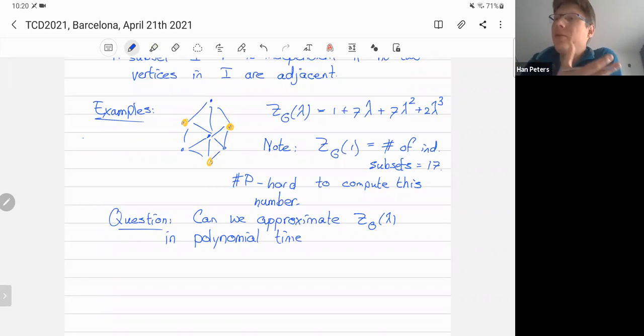Where time is in terms of the number of vertices of G. And we should also perhaps restrict the class of graphs.